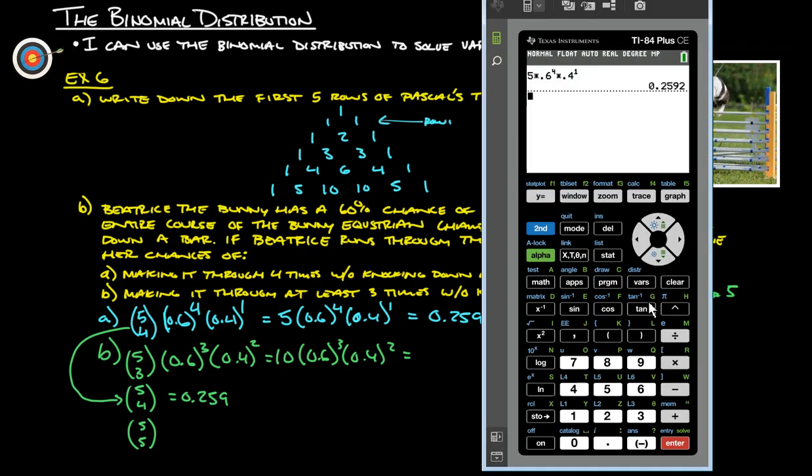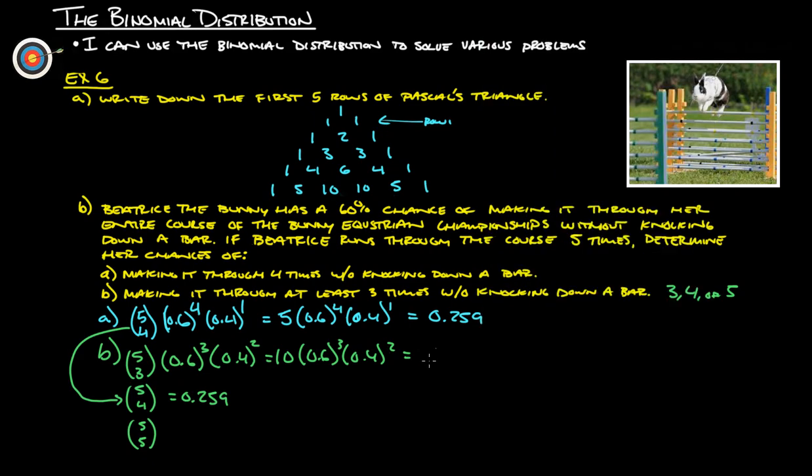We can figure that out here really quick. 10 times 0.6 to the third times 0.4 squared gives us 0.346, we'll call it. We already know that this one is 0.259 from up above, and then this one here, 5 out of 5.